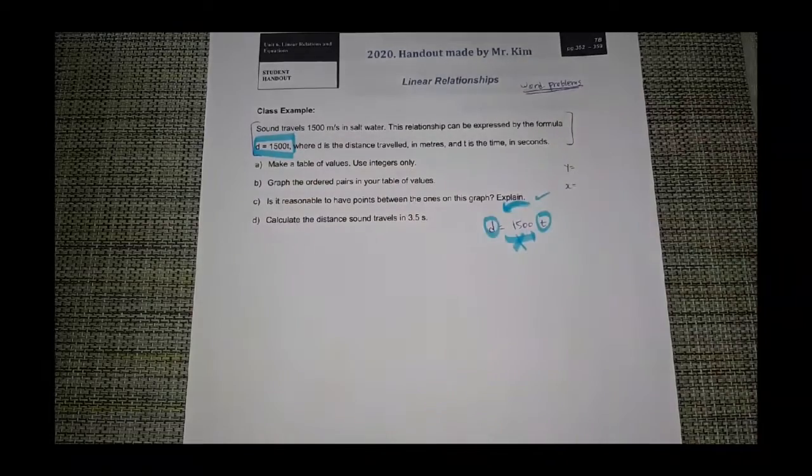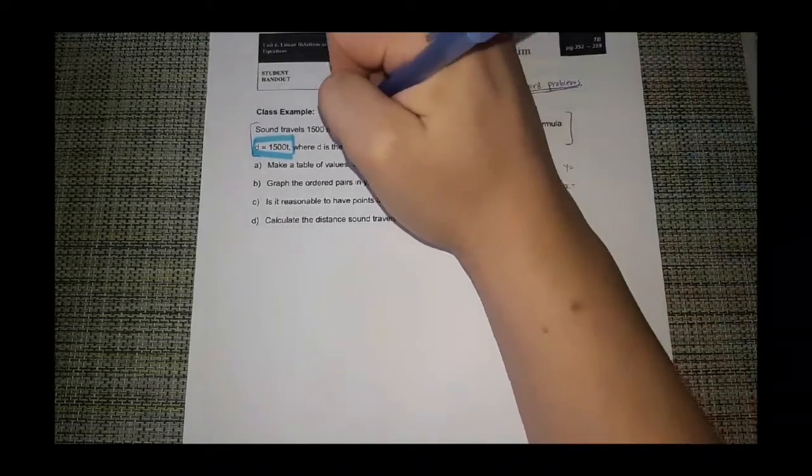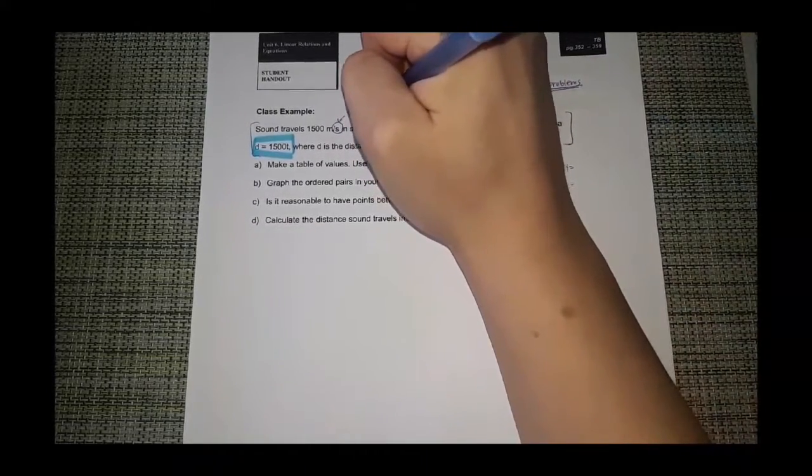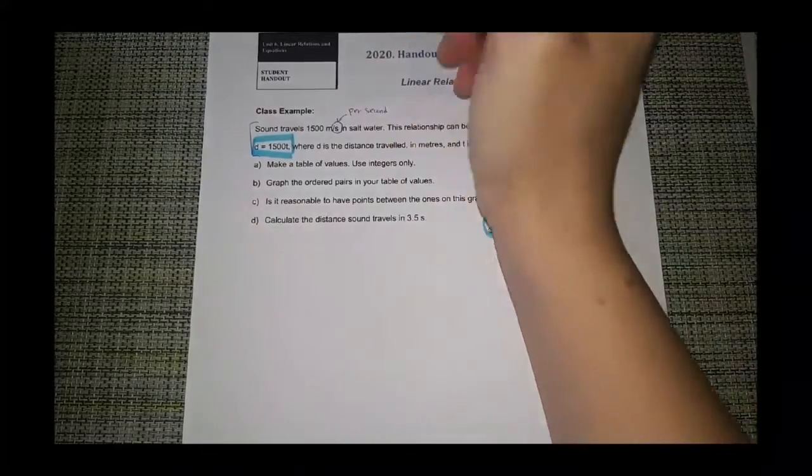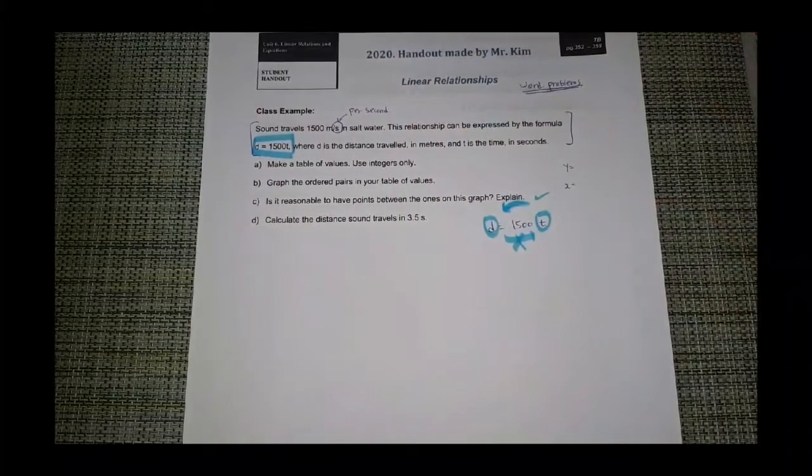If you look at the first sentence, it says sound travels 1,500 meters per second. That's a fancy way of saying it can be per 1 second, per 2 seconds, per 3 seconds, and so on.